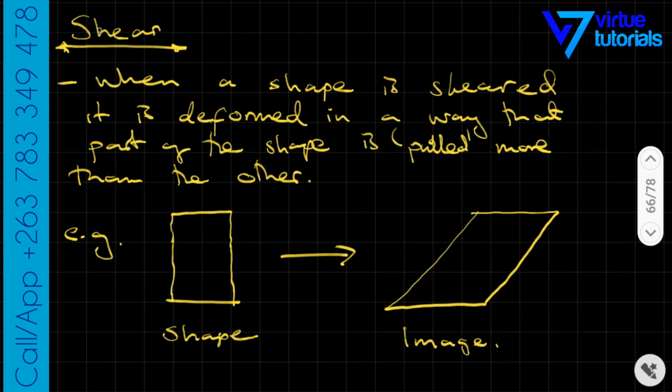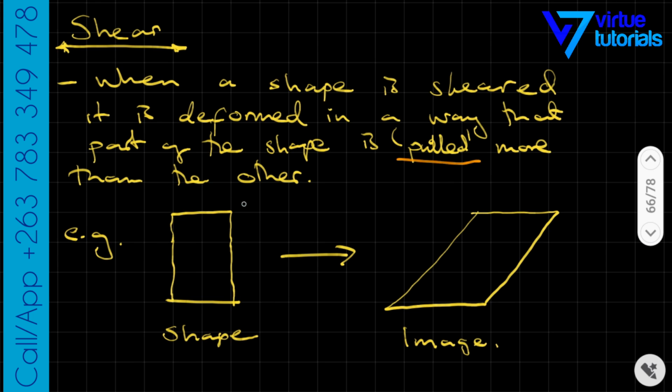Okay, now we're looking at the last type of transformation, which is a shear. When a shape is sheared, it is deformed in a way that part of the shape is pulled more than the other. So if you look at our shape here, this is the original shape, and that's the image.